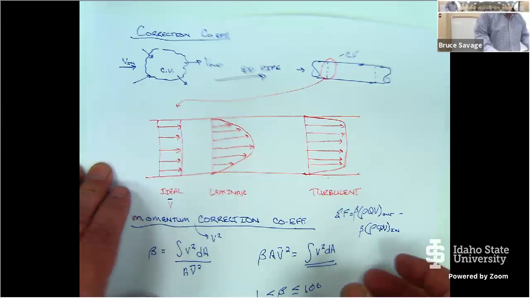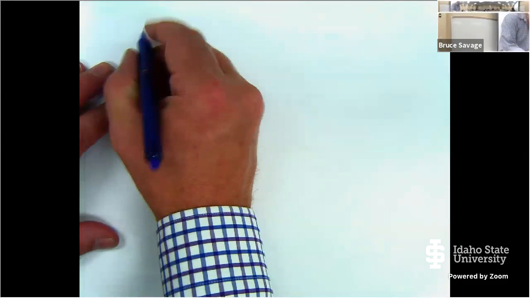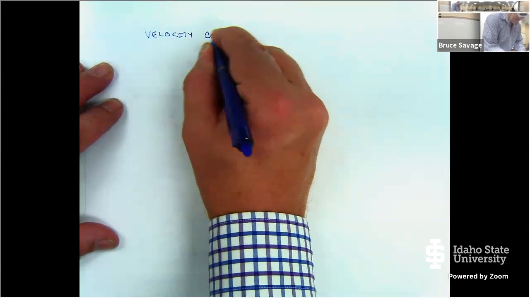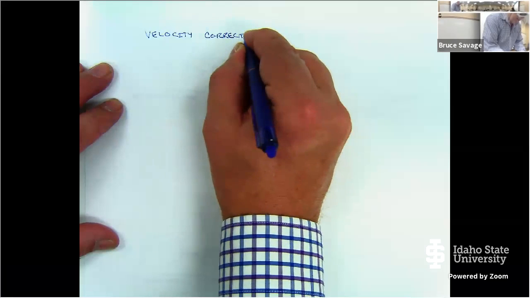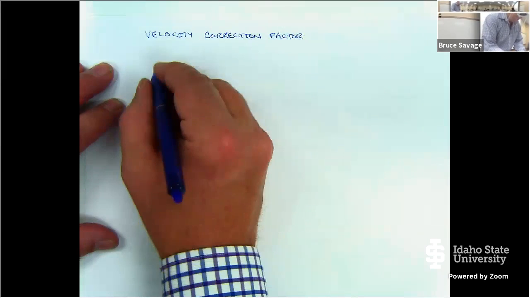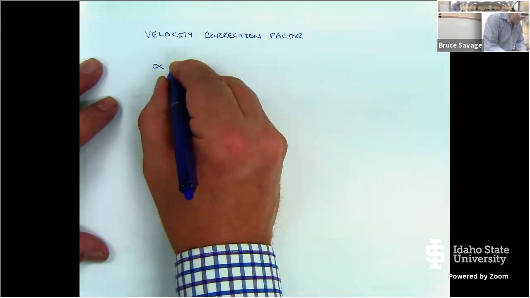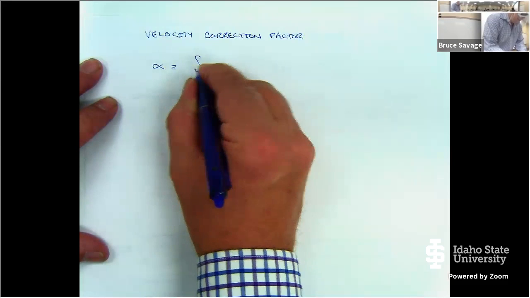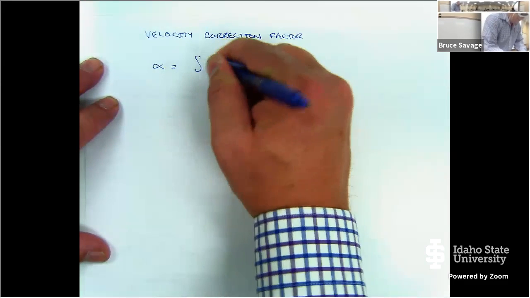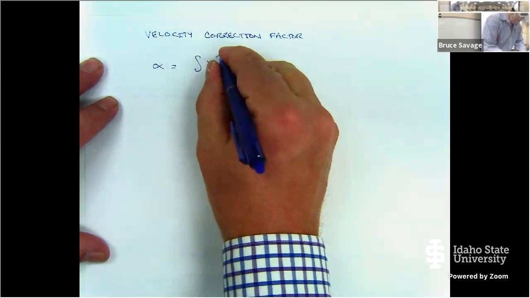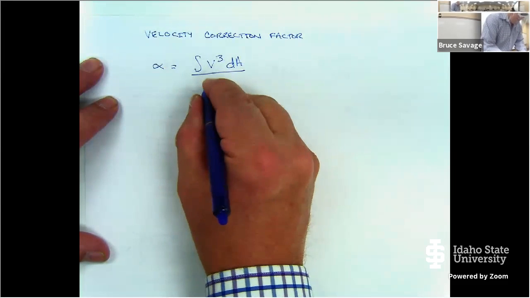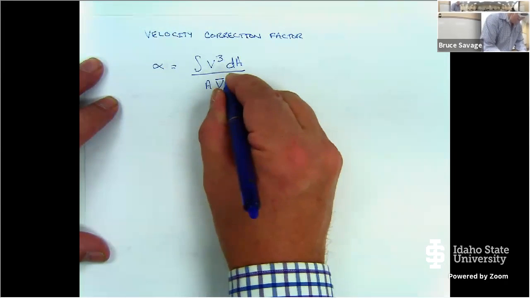So if we do the same thing for the velocity correction factor, we get then that alpha is equal to the integral of v cubed integrated across the area, divided by then the area times the average velocity cubed.